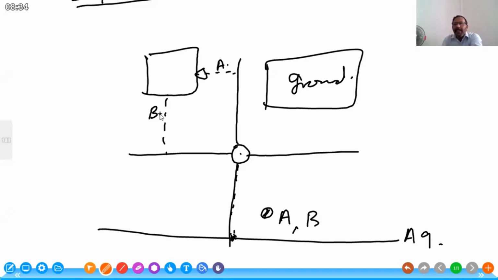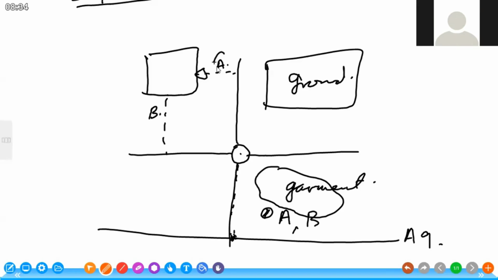Haven't you visited Ariviyal Nagar? There's a garment here, for example. So who can reach the faculty dean's office very quickly? Yes, A can reach because this is a shorter distance. If you look at the length of the distance, A is shorter. So A is more precise than B here.